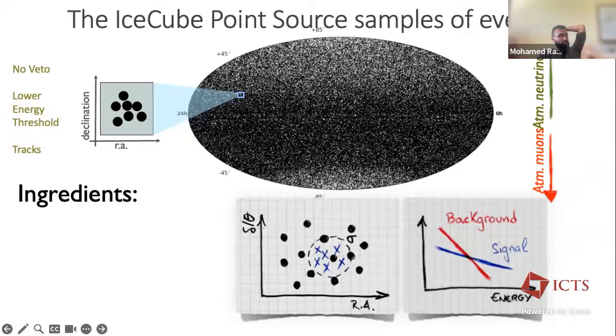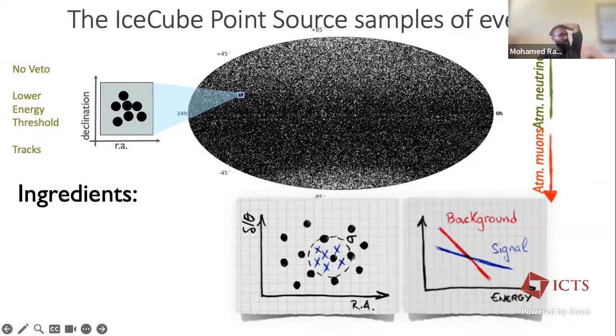The northern sky, which consists of upgoing events when you're standing at the South Pole, would be mostly atmospheric neutrinos, but the southern sky, which consists of downgoing events, would be atmospheric muons. But both atmospheric neutrinos and muons are expected to be uniformly distributed within a declination band. They are not expected to cluster across time and in direction.